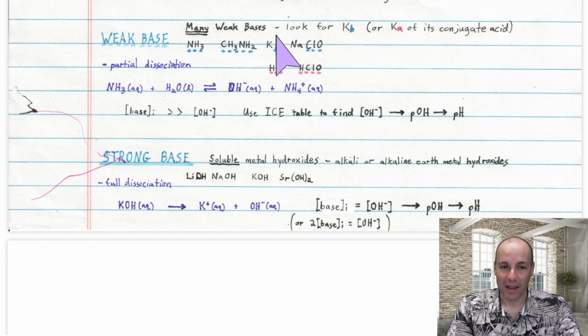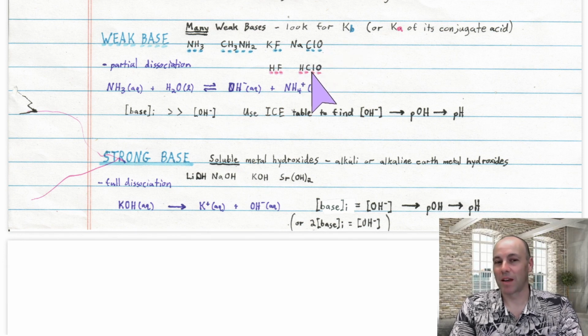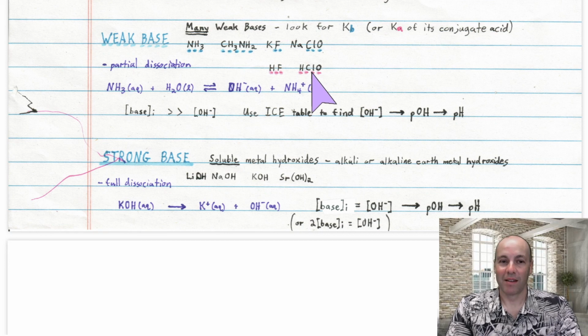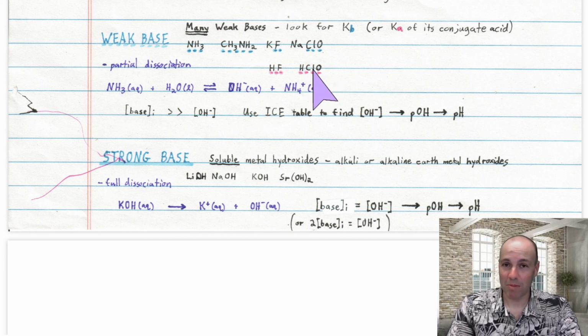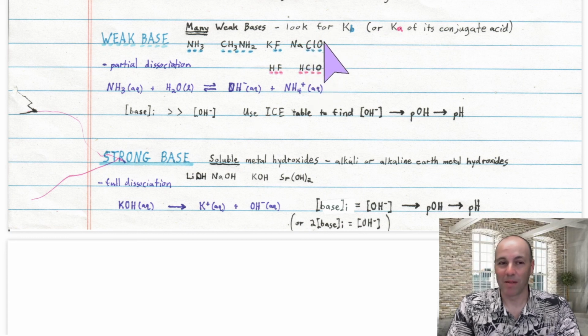So like F-, for example, you probably won't find a Kb for F-, but you can find the Ka for its conjugate acid HF. And hypochlorite, ClO-, you won't be able to find its Kb, but you can find the Ka of its conjugate. And then if you know the Ka of its conjugate, then you can use Ka times Kb equals Kw. You can use that equation to calculate this Kb.